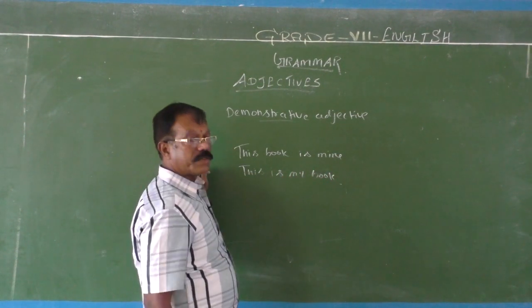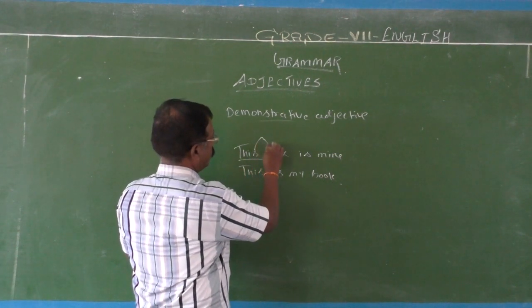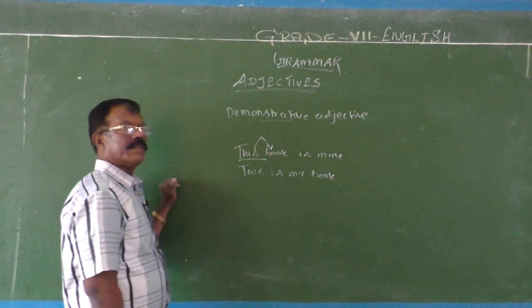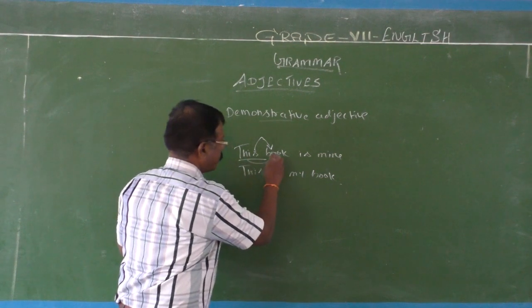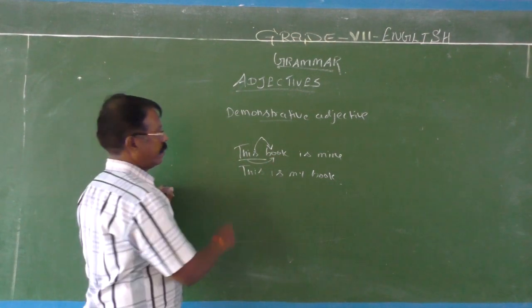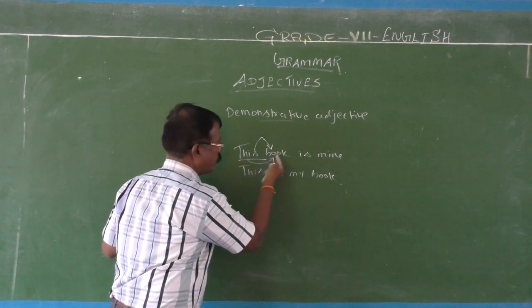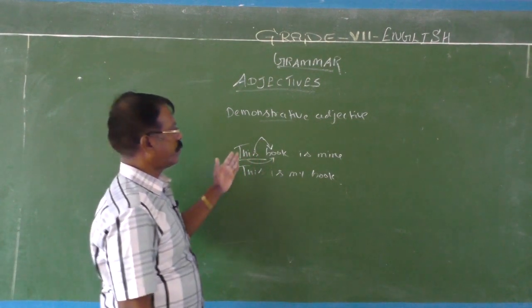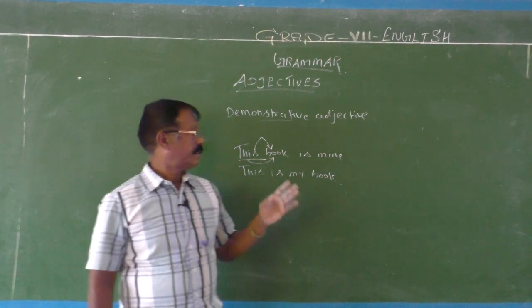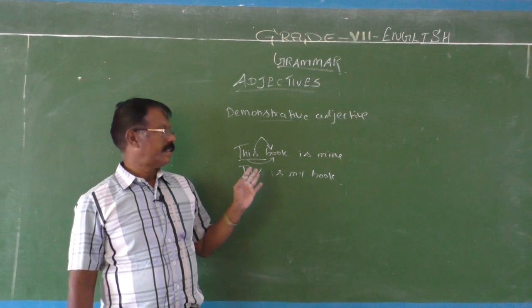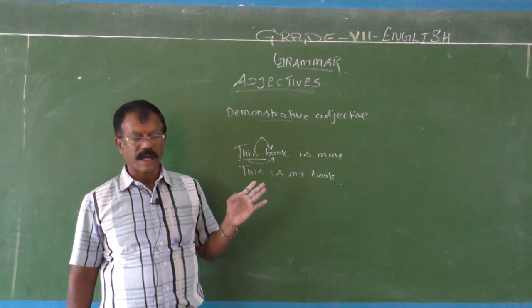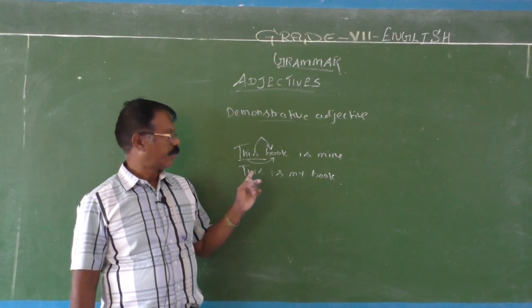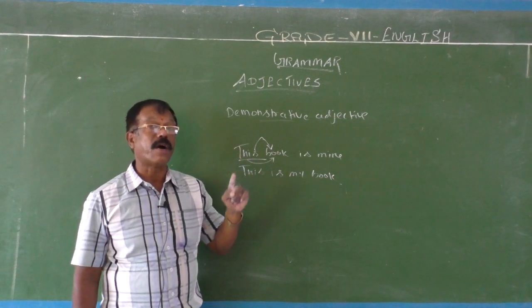Compare these two sentences. Here, this is followed by the noun book, so it describes the noun book. A demonstrative adjective is used before the noun it describes. Therefore, this is a demonstrative adjective. In the second sentence, this is not followed by a noun. Therefore, this is a demonstrative pronoun.